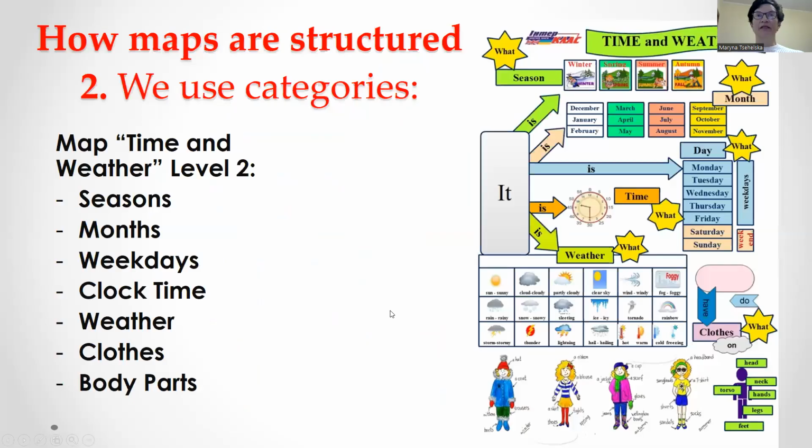So next, we usually use categories. Categories are very important for the development of thinking and for remembering vocabulary. So here the categories are seasons, months, weekdays, clock time, weather, and clothes and body parts.